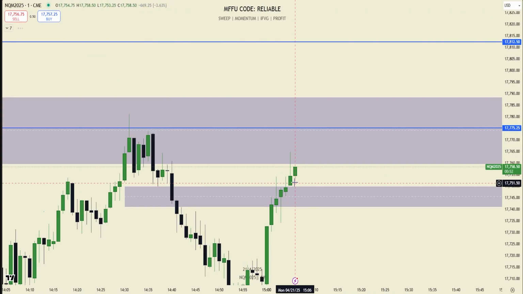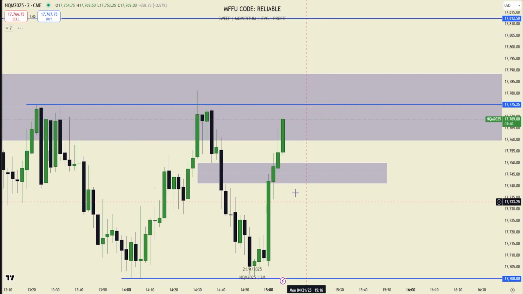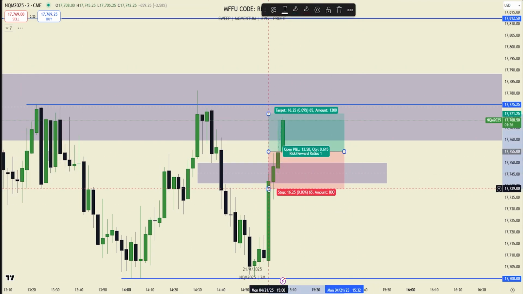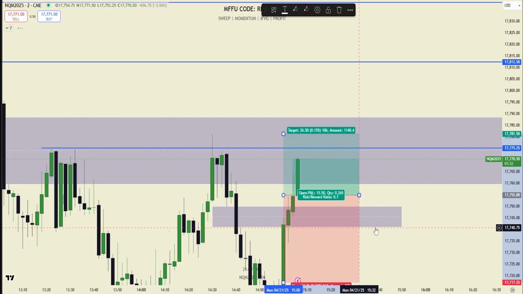So, we got the 1 minute close over. Got the 2 minute close over. This momentum is telling me we're definitely going to run the high here. I still think this is not the greatest trade because you have to include the inception gap and the stop loss. And so to first TP, it's not even 1R.